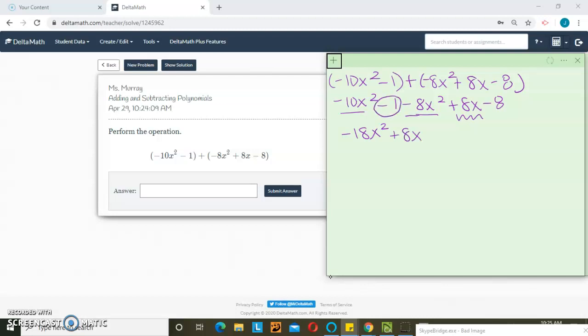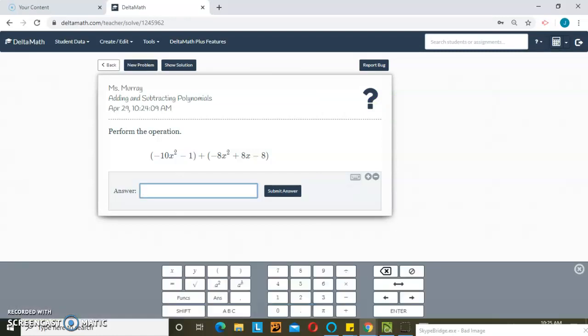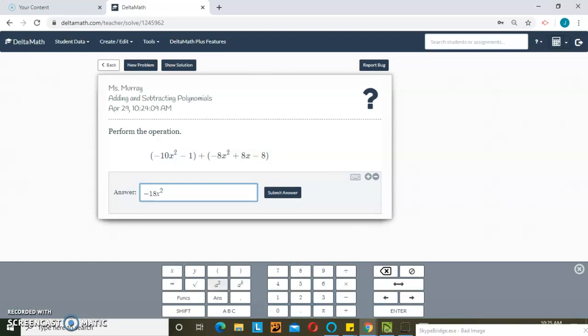And this time I do have two constants that I can combine, a negative 1 and a negative 8. Notice I include the negatives that sat in front of them, which is negative 9. So I have negative 18x squared plus 8x minus 9.